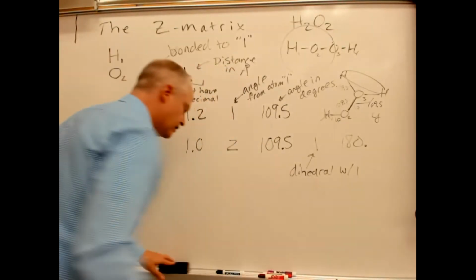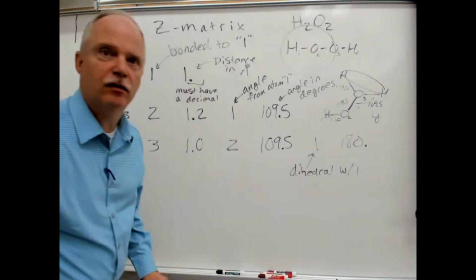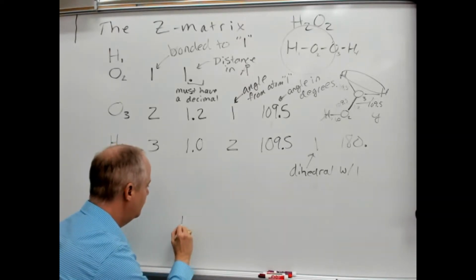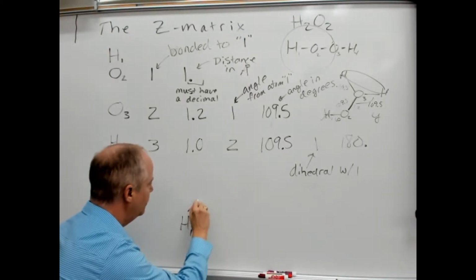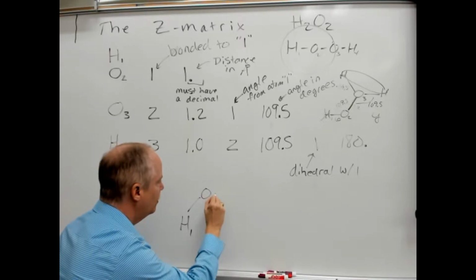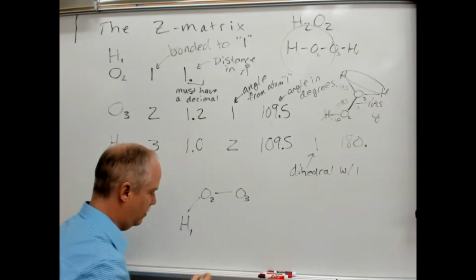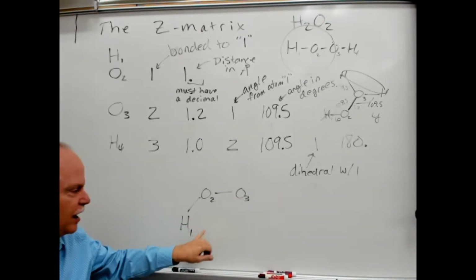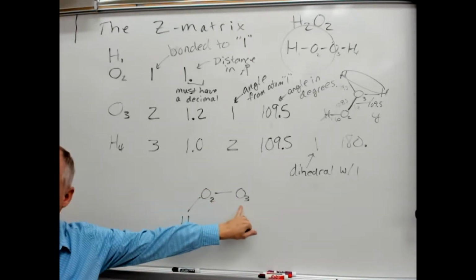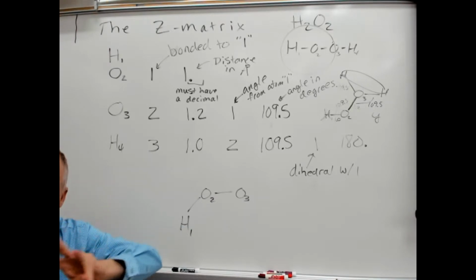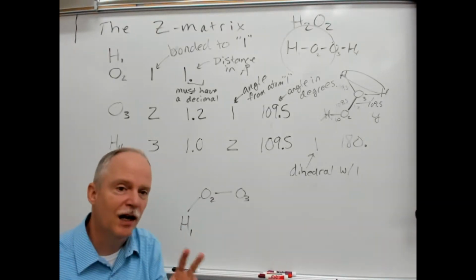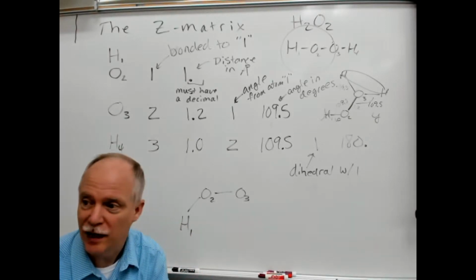So let me do my best artwork and try to describe what these dihedrals are. So these three centers here, H1, H2, and H3, those are 3 points that are not on the same line. If you have 3 points that are not on the same line, they by definition form a plane.